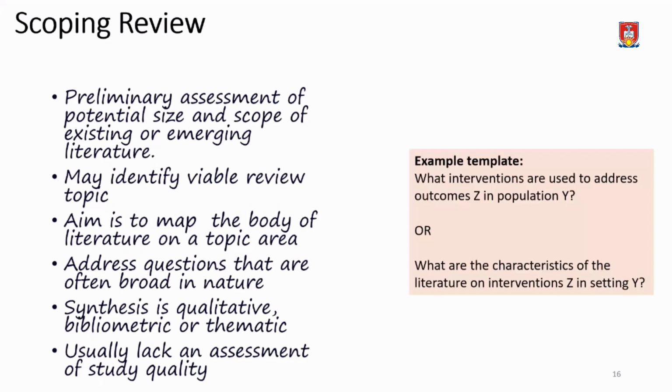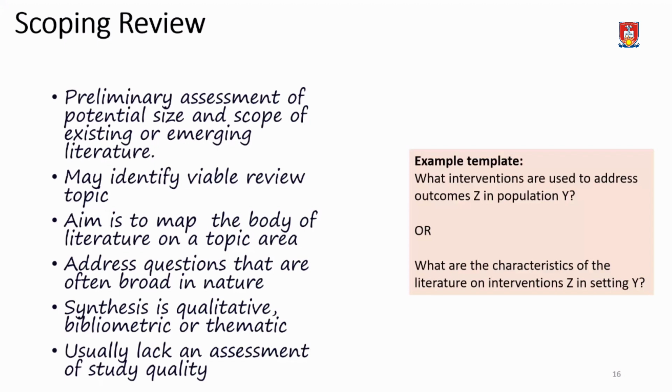So a scoping review may help us identify viable review topics, that is systematic review topics, and it usually addresses questions that are broad in nature. It may not be asking whether a particular intervention brings a particular result, or is effective for a particular issue, but may be looking at a broad number of interventions together and trying to synthesize information on them.